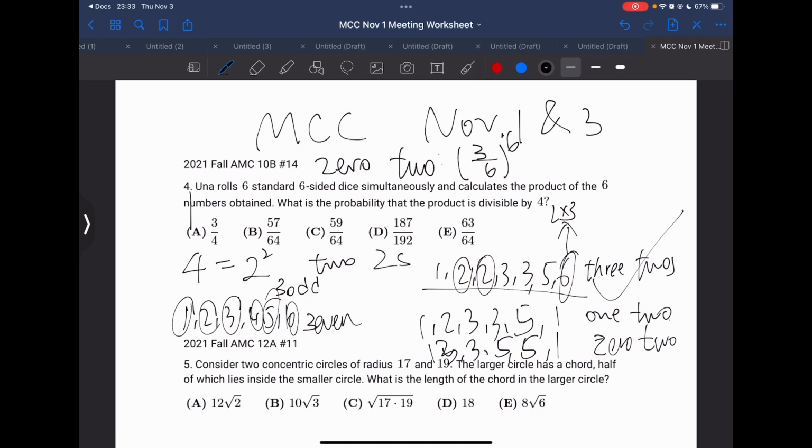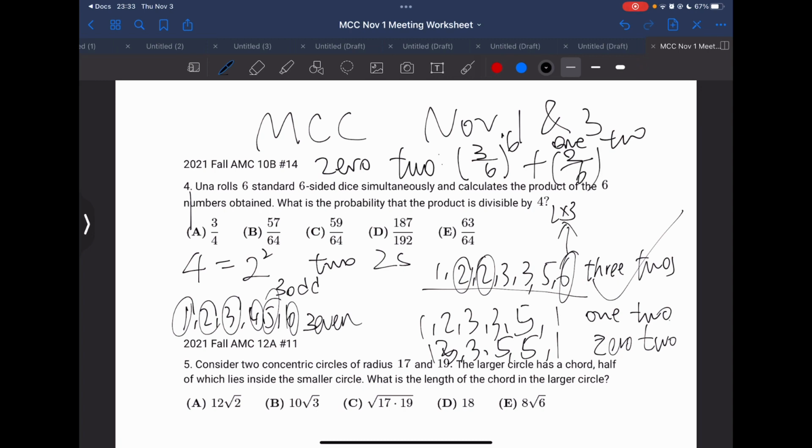And we think about one 2. So there's only one 2. We can just do 2 out of 6.